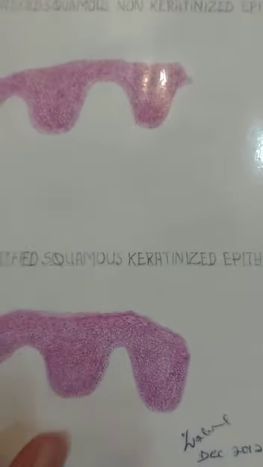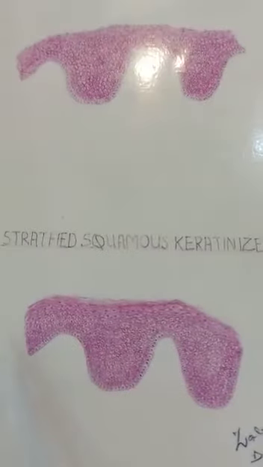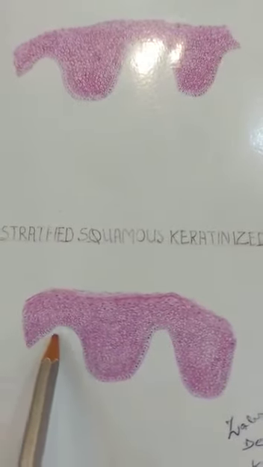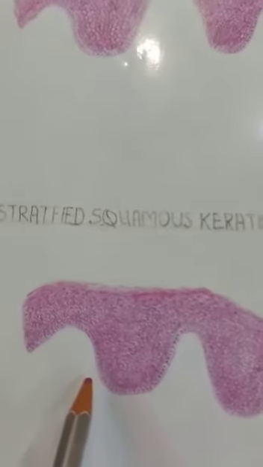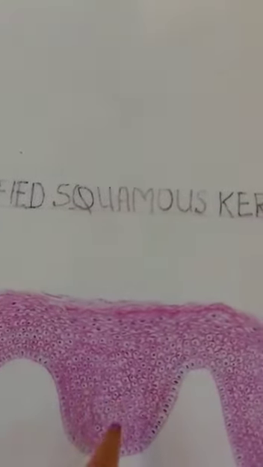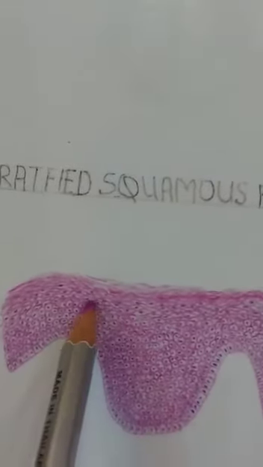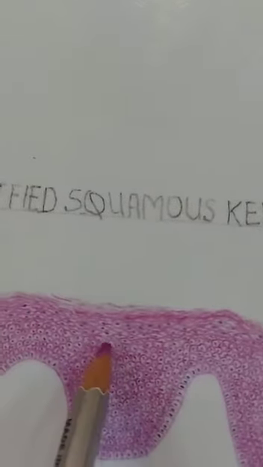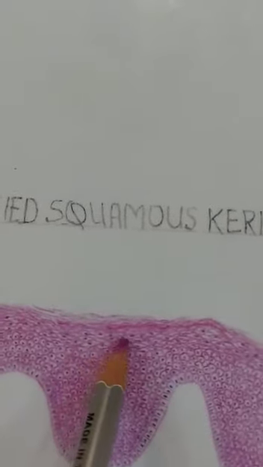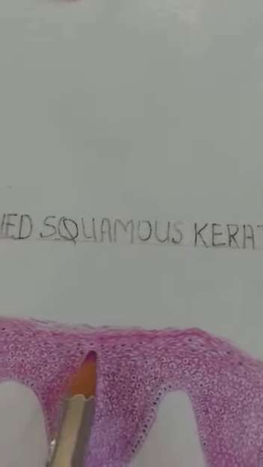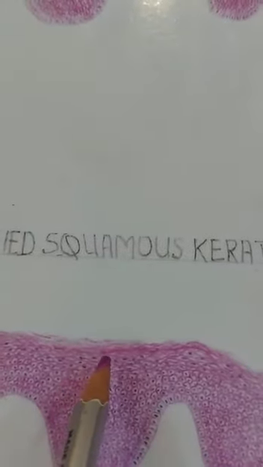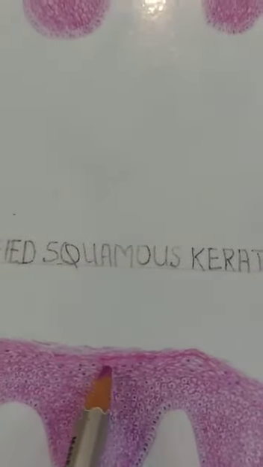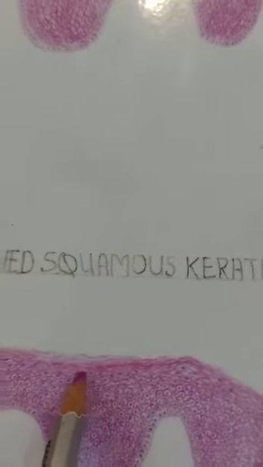So how to draw it? The basal layer is of the cuboidal cells. Then we have the polygonal cells, and then the polygonal cells will eventually become flattened, and as they reach near the surface, the cells will accumulate the keratin filaments, and their nuclei will be lost.